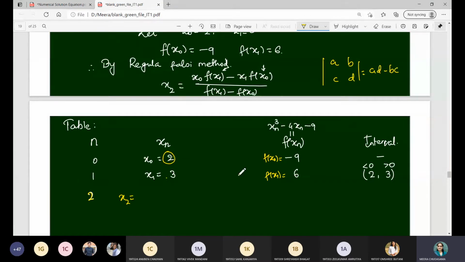So it is 2 into 6 minus 3 into minus 9 upon f of x1 minus f of x0, that is this minus this. तो आपको ऐसे क्रॉस मल्टीप्लिकेशन में जाना है नेगेटिव साइन के साथ. तो बाय द रेगुलर फॉल्सी मेथड व्हाट इट विल बी, दैट इज 2 into 6 minus 3 into minus 9 upon this minus this, that is 6 minus of minus 9, right? Evaluate it and let me know what you will get. This is actually 12 plus 27 divided by 15.